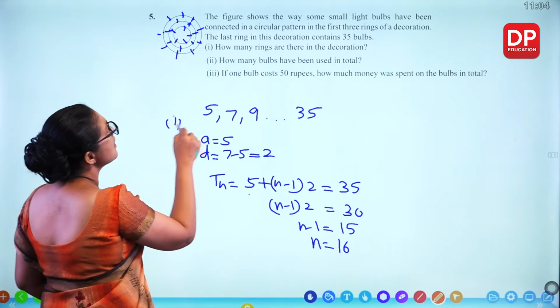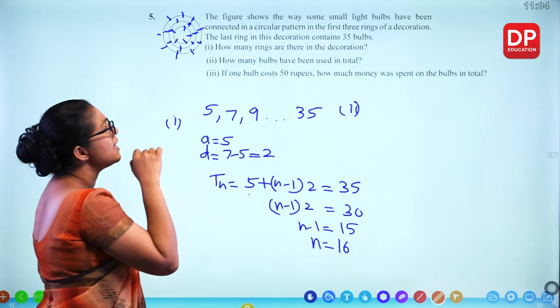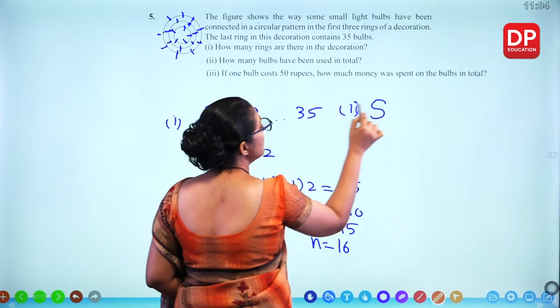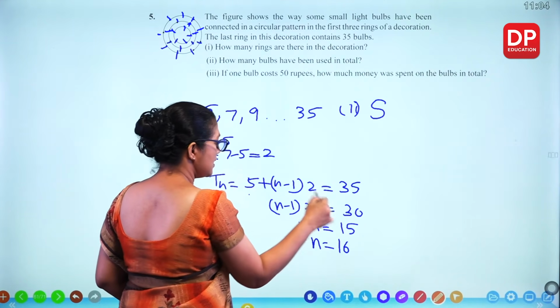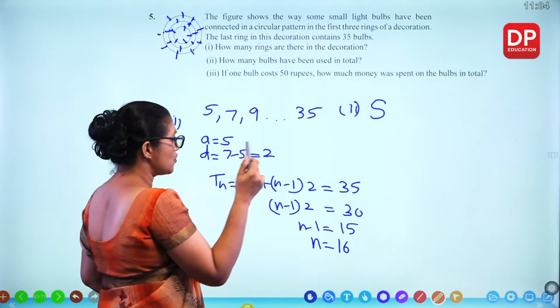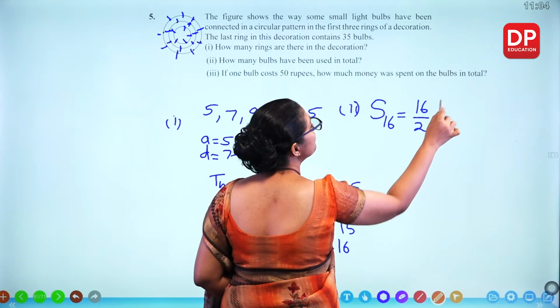Then second part, how many bulbs have been used in total? Sum of 16 rings, sum of all bulbs. So S16 they are asking, 16 over 2.